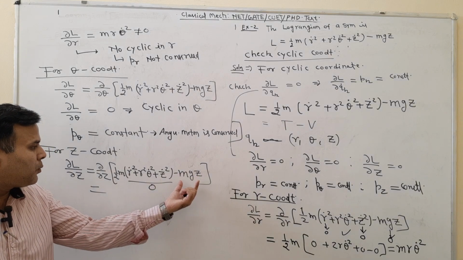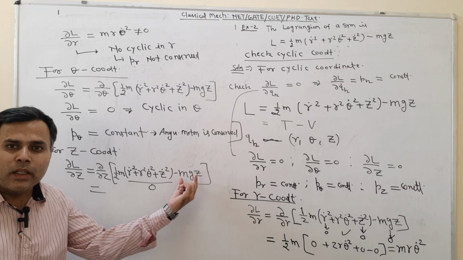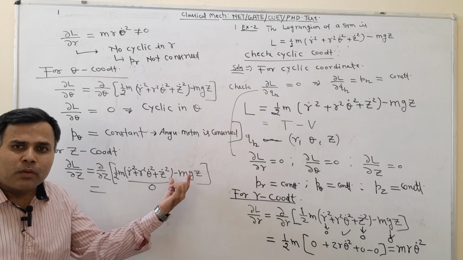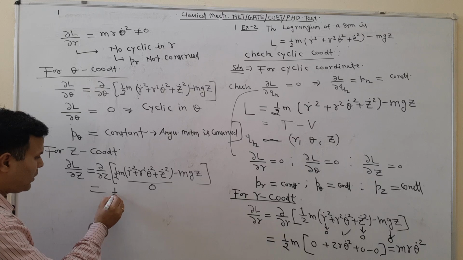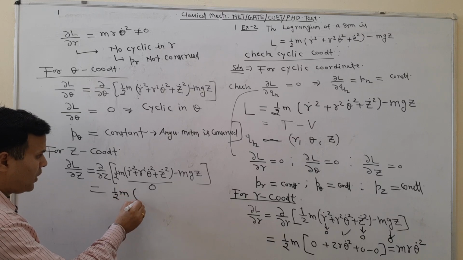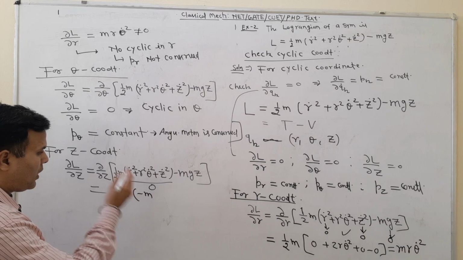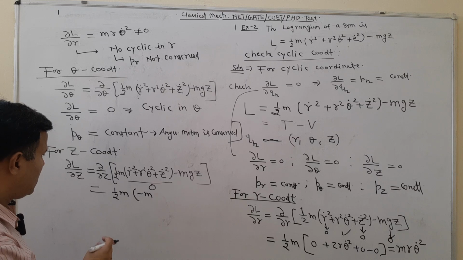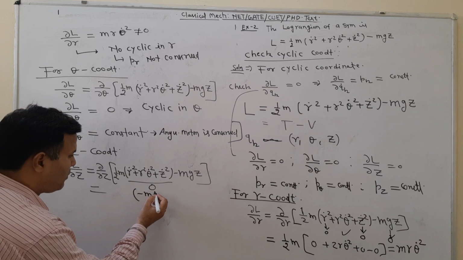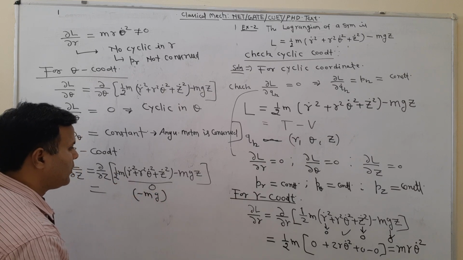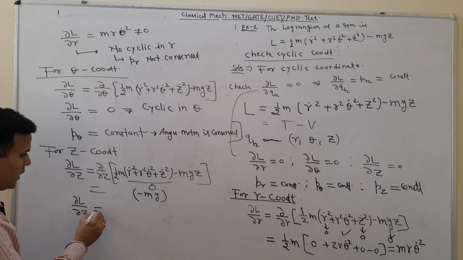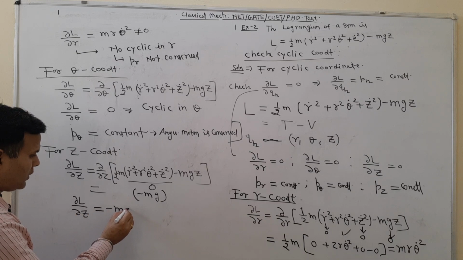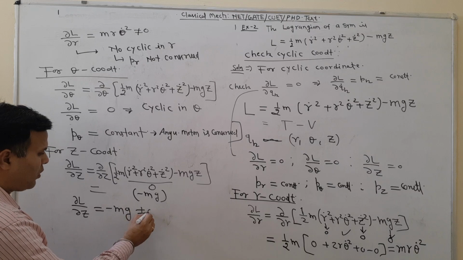So we have only z in m g z in the potential. So this will not be equal to 0. This will give 1 by 2 m times 0 minus m g, so we have simply m g. So del L upon del z is minus m g, which is not equal to 0.